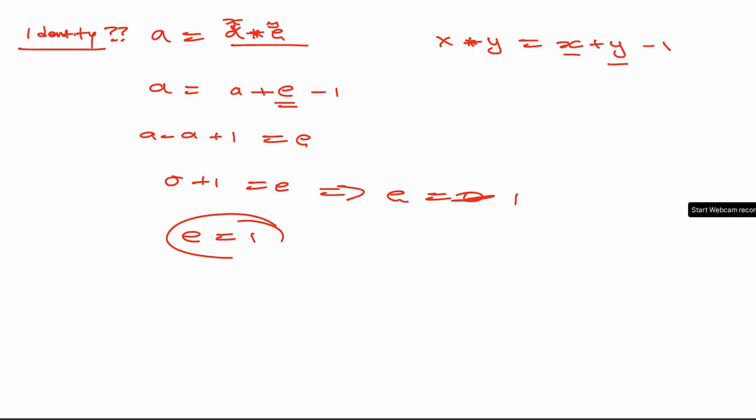Take note, since we have the identity element, that means the inverse also exists. So we'll proceed to finding the inverse. If we didn't have the identity element, we can't do anything related to finding the inverse. So let's go ahead and do the inverse of this binary operation.